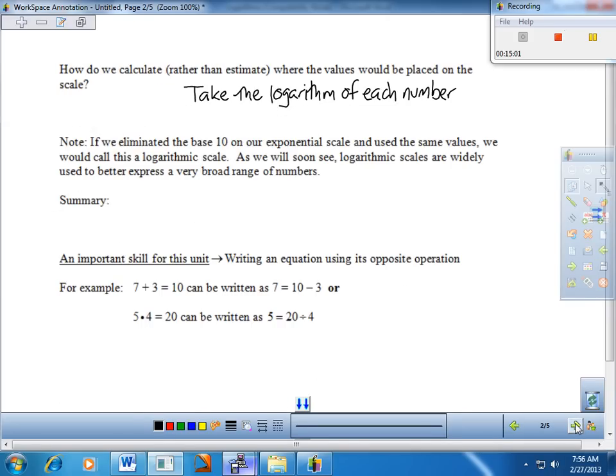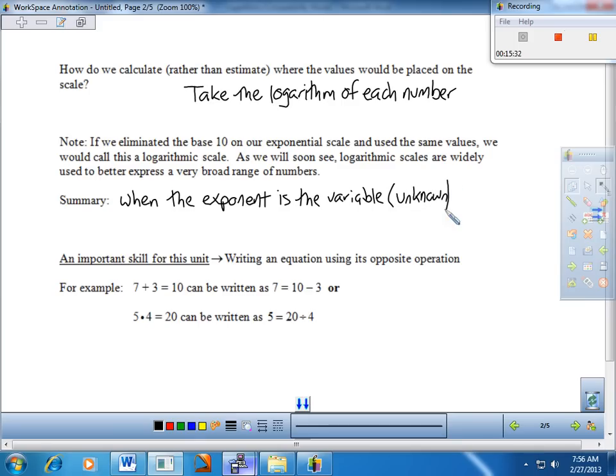Wonderful. All right, let's summarize and move on. When the exponent is the variable, and I am hoping it was very clear that that's what I was trying to find, I was trying to find the exponent that I was raising this base 10 to in order to place my numbers. For our investigation, it was the unknown. I didn't know what I was raising those base 10s to.